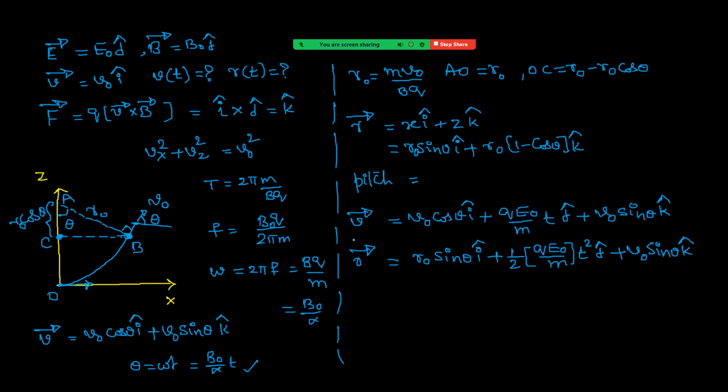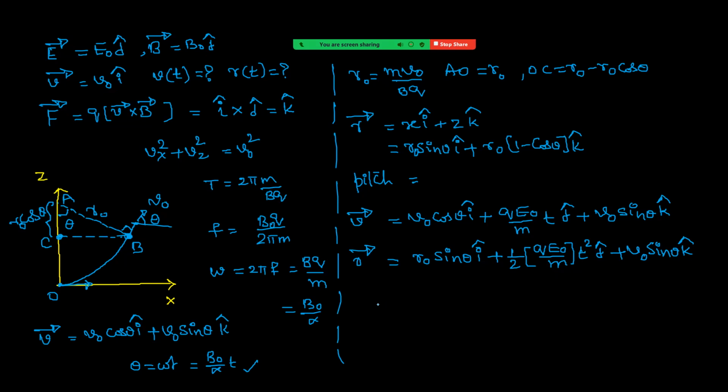So the conclusion is: both fields along the same direction, velocity normal to the fields, then the path will be helical with increasing pitch.